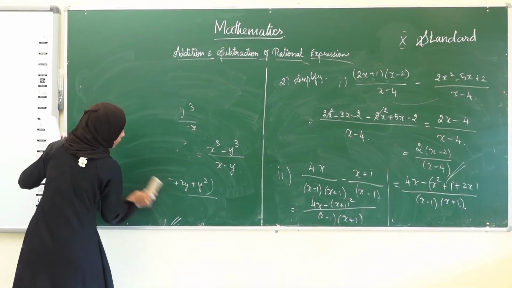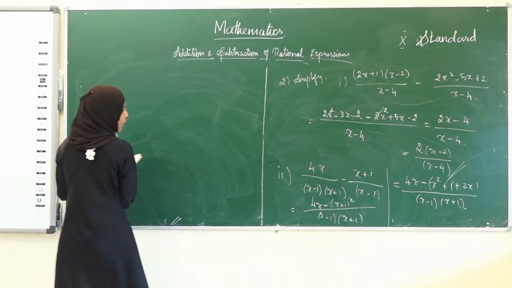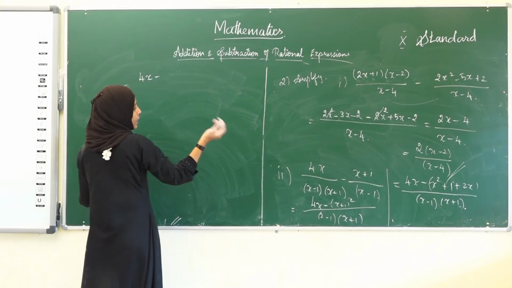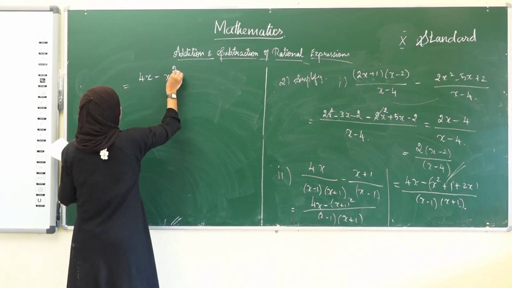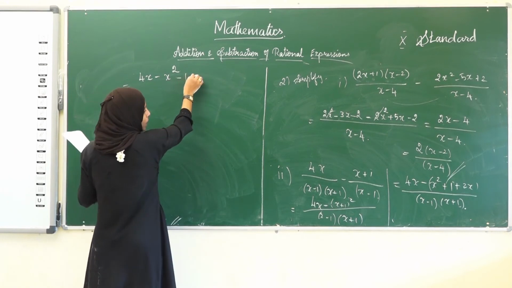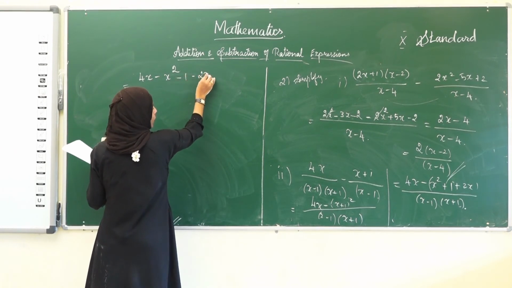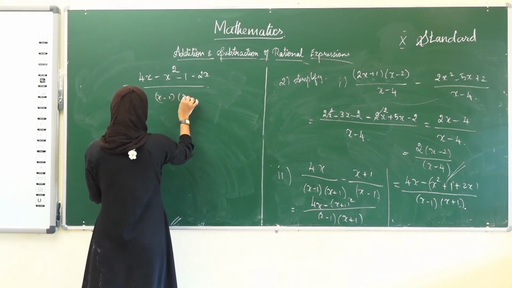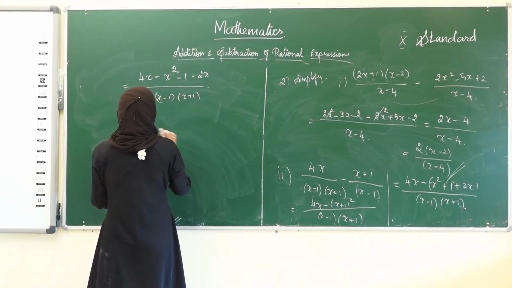Now solve the numerator alone. It is equal to 4x minus, take the minus inside, multiply it inside, minus x square minus 1 minus 2x, divided by x minus 1 into x plus 1.